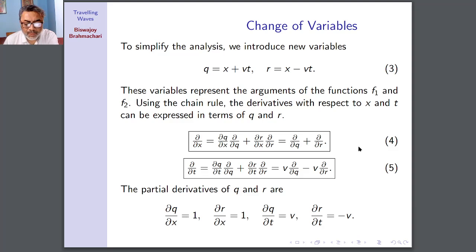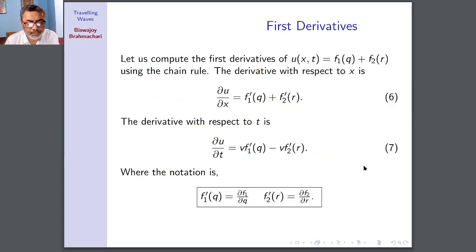Now we will use formulas 4 and 5 and find the first derivative and second derivative, and then we will substitute in the wave equation and show that u(x,t) will satisfy the wave equation. So what about the first derivative?